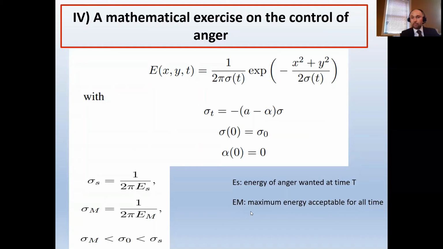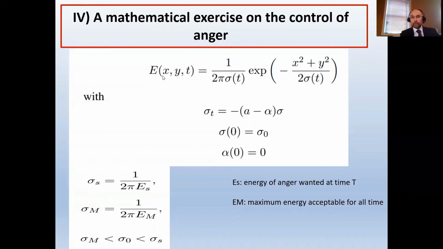My EM is the maximum energy acceptable for all time. So I don't want to exceed a given energy, which represents the loss of control. All right, so now sigma S is defined by that.